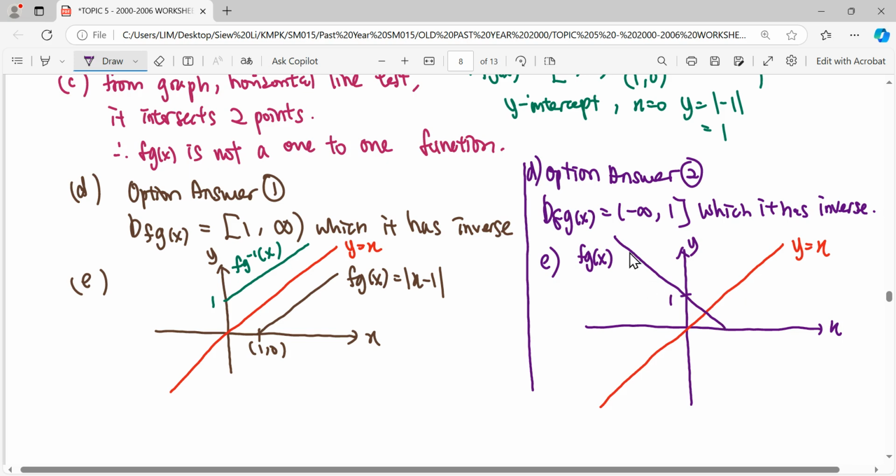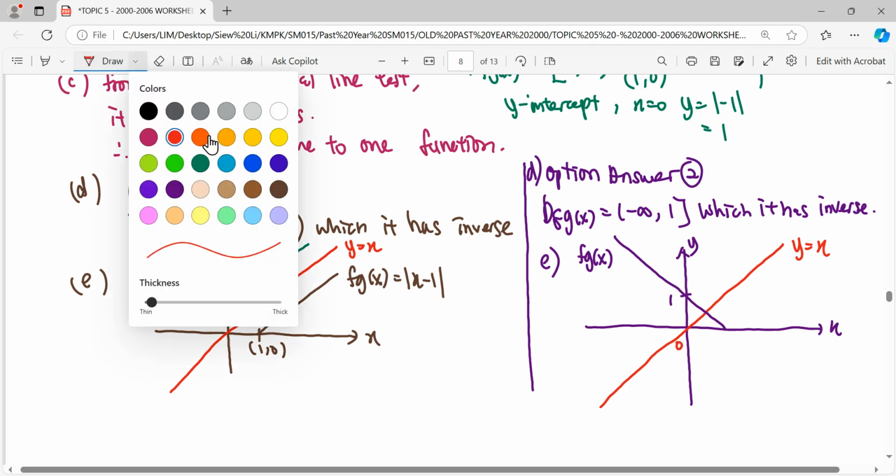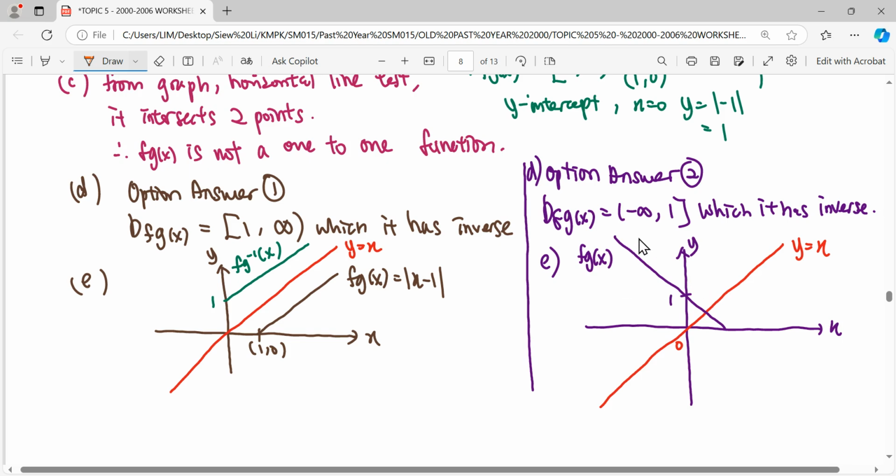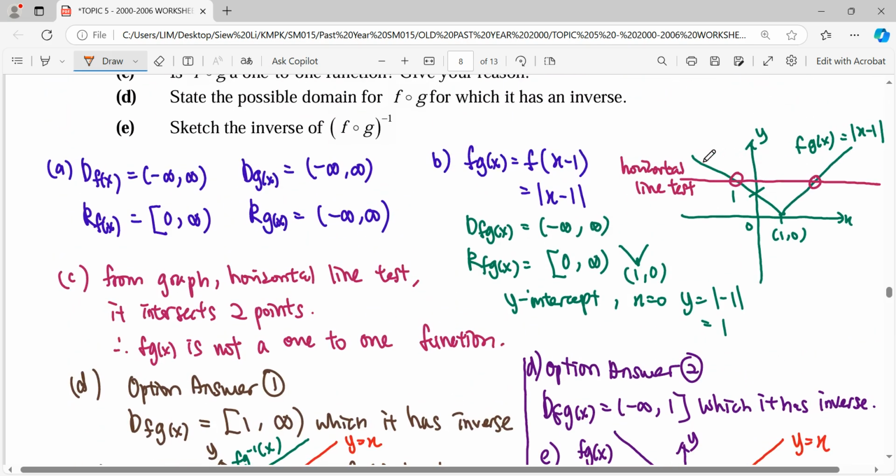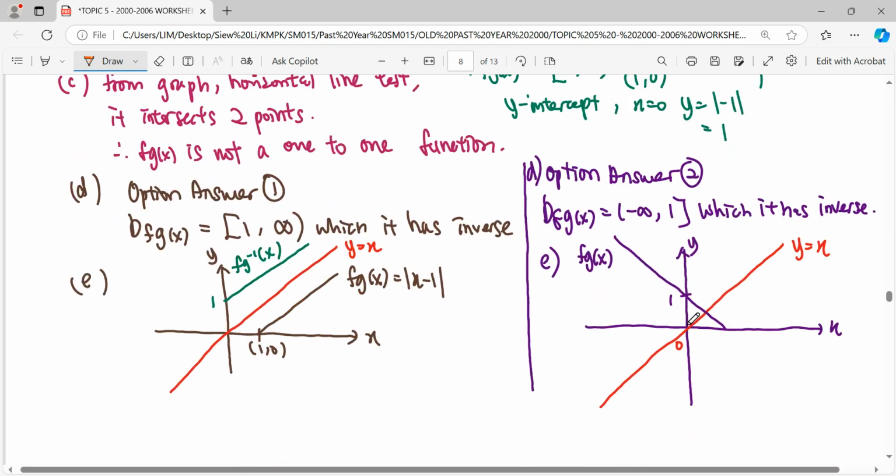And don't forget to label. And now we can do the reflection. You can notice that this x, this part is positive x, and this will be negative x. So we have 90 degrees. So when you're doing the reflection, here we come, this is the reflection.